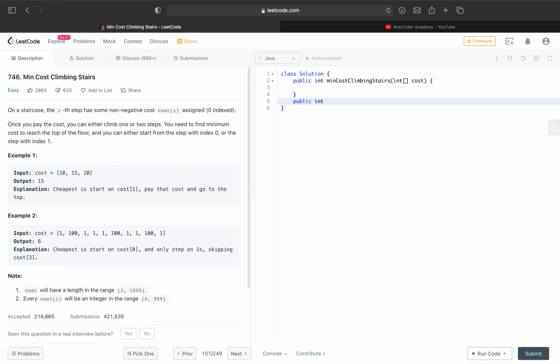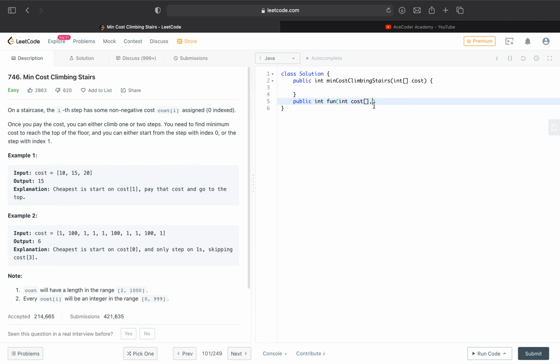This function will return the minimum steps that are required to reach out of that array. So basically it will be a function, and I will take a cost array which will help me remember the costs.